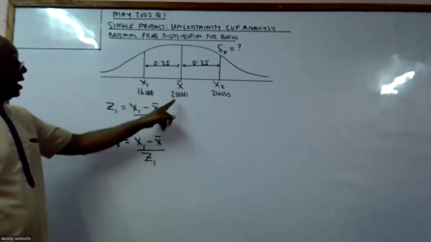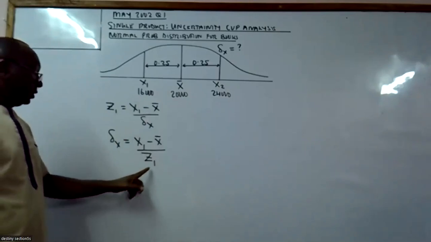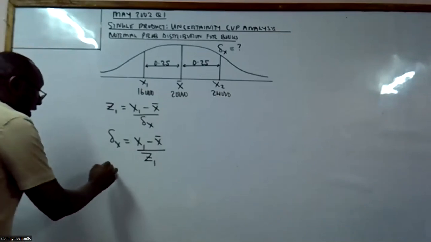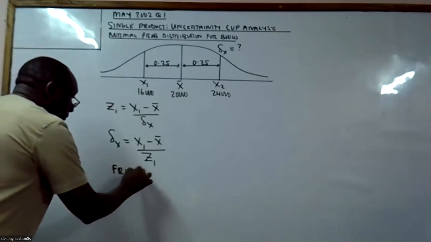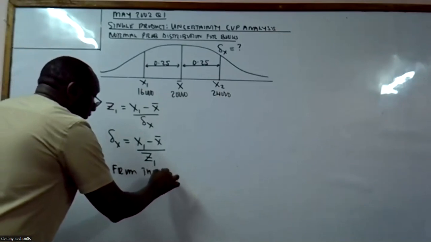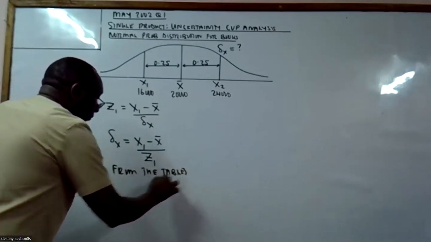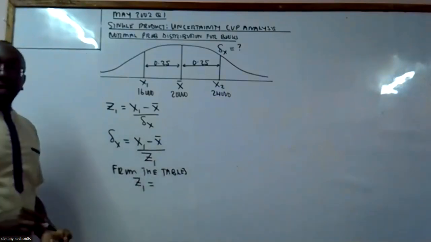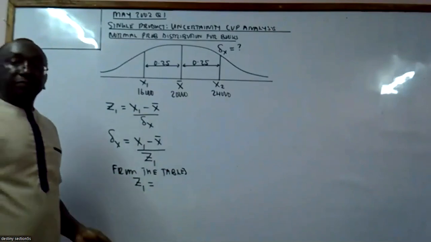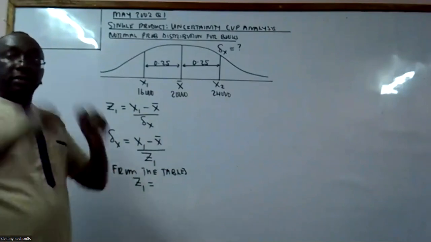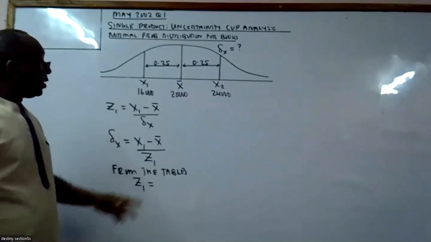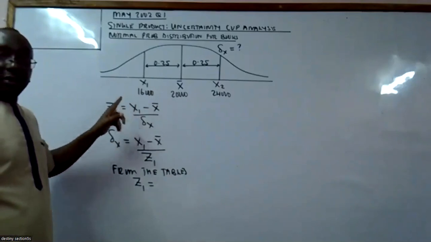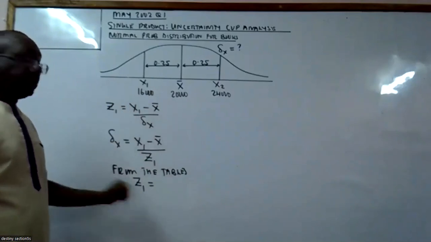We also know X bar is 20. So what we are missing is Z1. So we will say from the tables, Z1 is equal to, and I told you when we came across this, that when the value of X, X1, is on the lower side of the mean, it becomes negative.